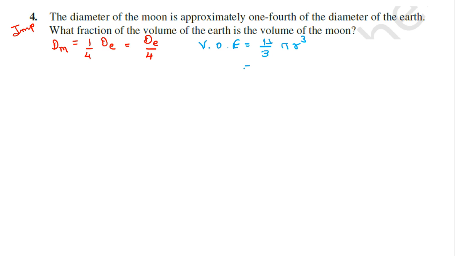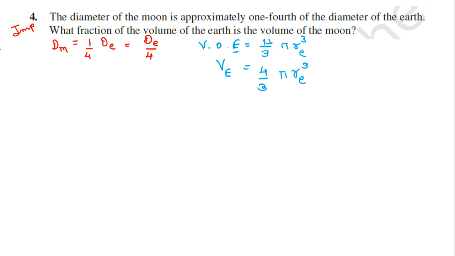I will not put the value 22 by 7 because when we take the ratio, pi will automatically cancel. I write re because I am talking about earth, so ve also you can write. Actually, this is the authentic form. Volume of earth is equal to 4 by 3 pi re cube.